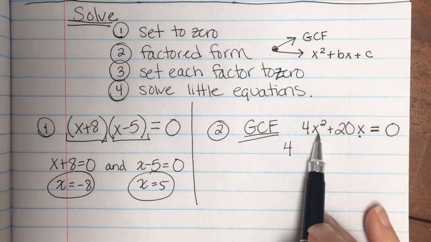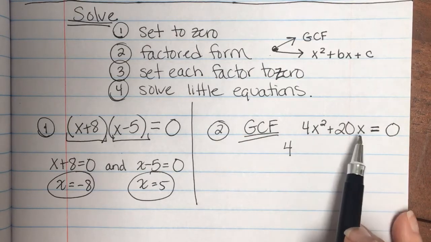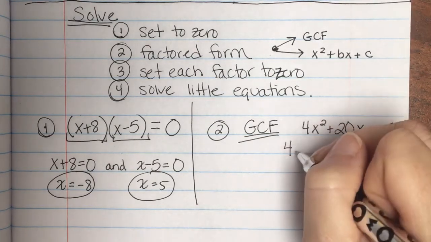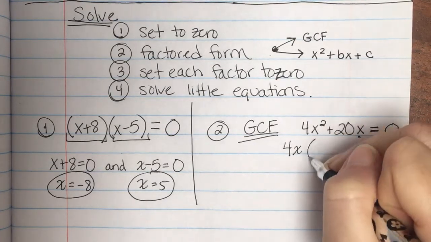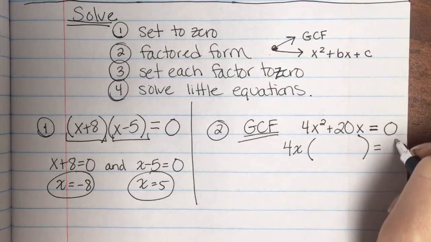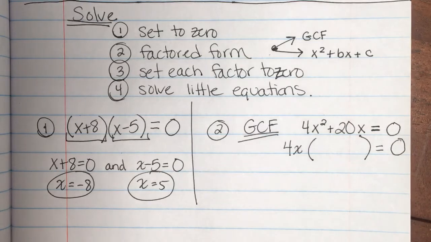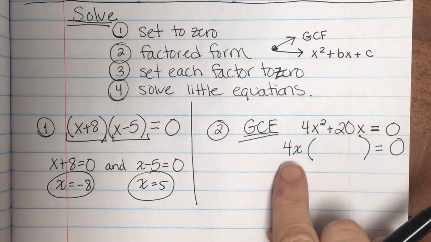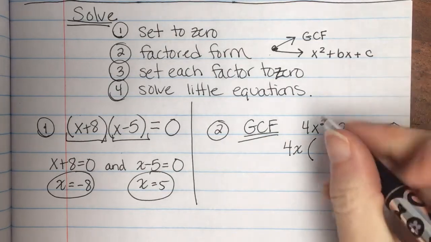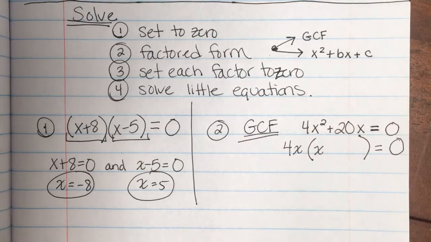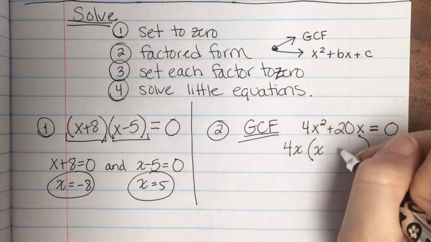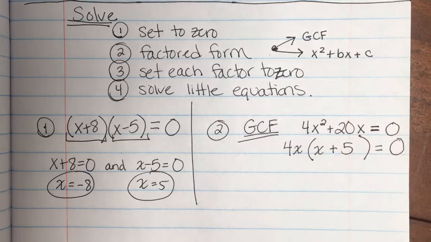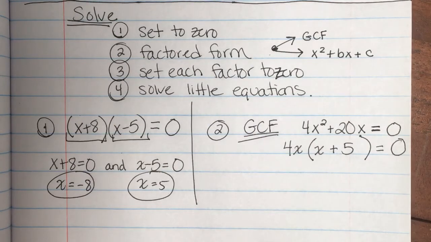And they both have an x in common. This one has 2 x's, this one has 1. So 4x is the GCF. That's going to be factored out, or undistributed, from the terms. So 4x distributed to x is what gave us 4x squared, and 4x times plus 5 is what gives us 20x.